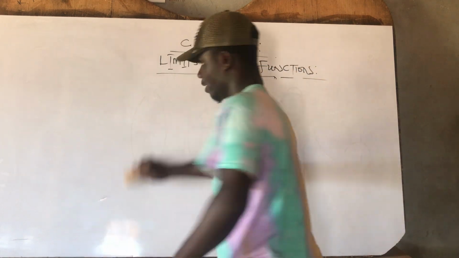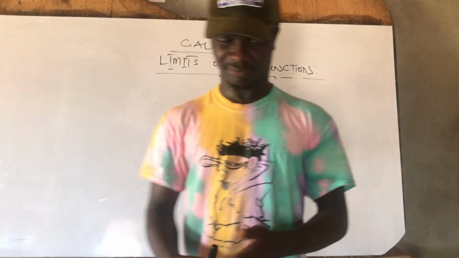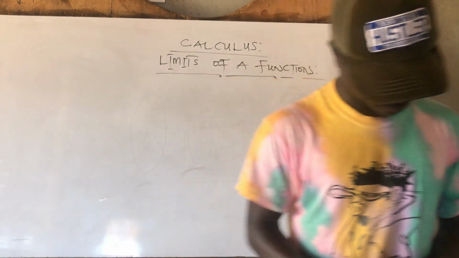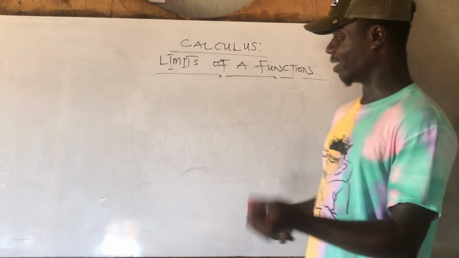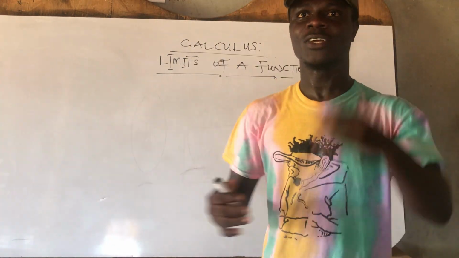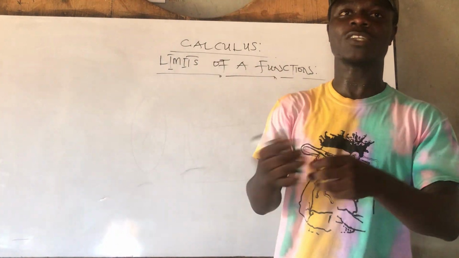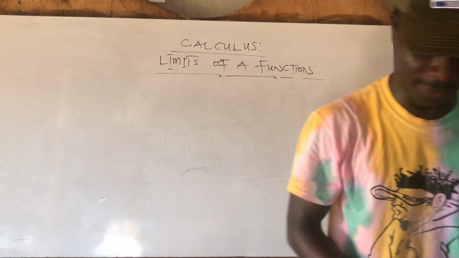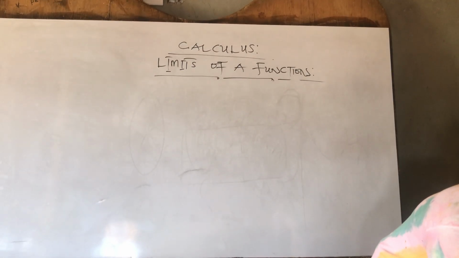I was just explaining that from JHS you did number plane, then SHS you did coordinate geometry, you did functions, you did functional notation. So you know f of x, let's say find f of 2, f of negative 1. You know wherever you see x, you plug in that. So it means how the function will behave as you plug in a certain value. You understand that? So now let's start the ball rolling.